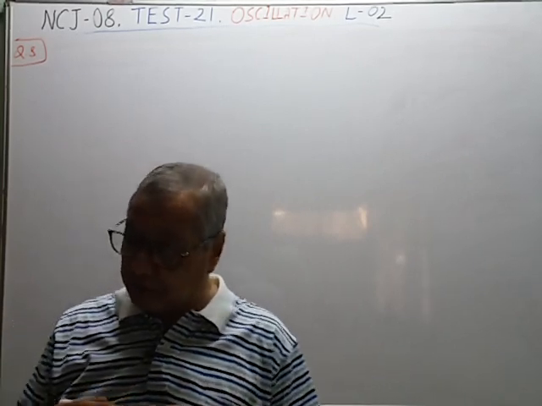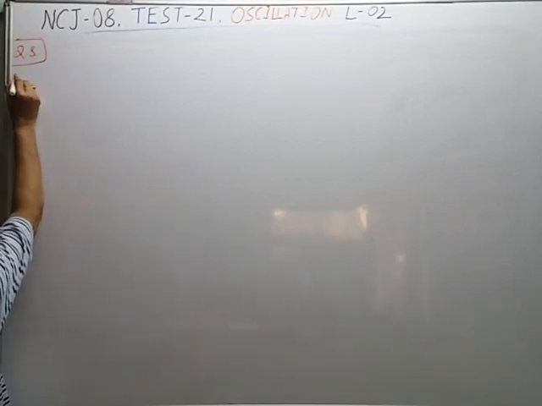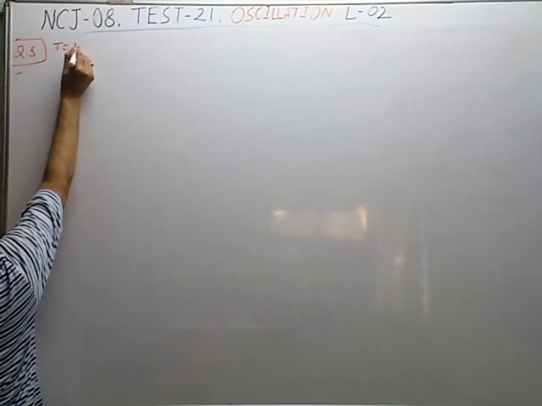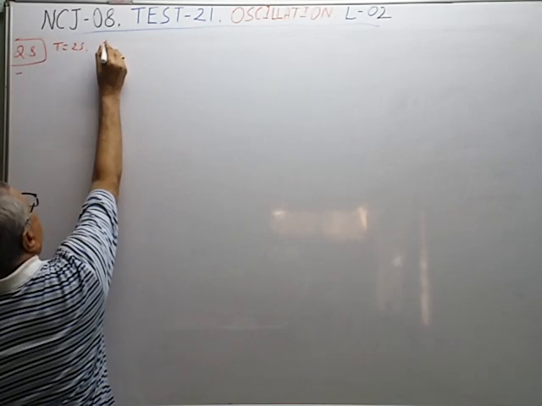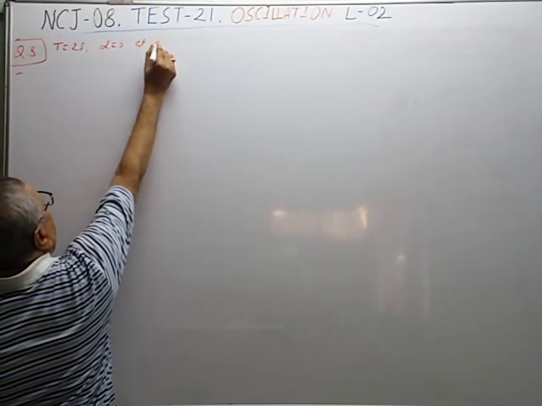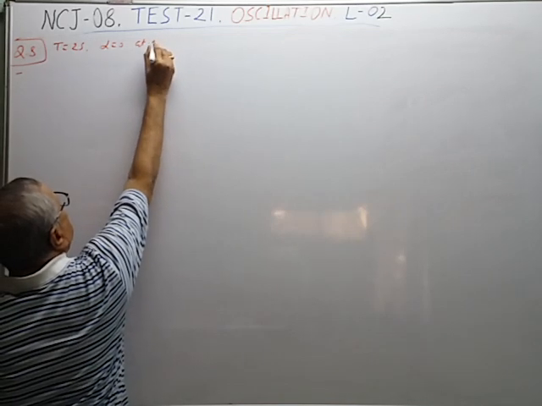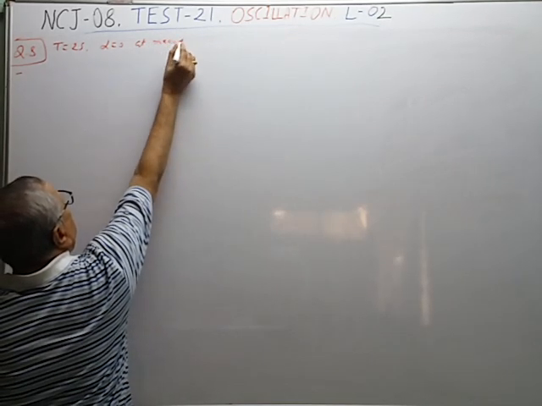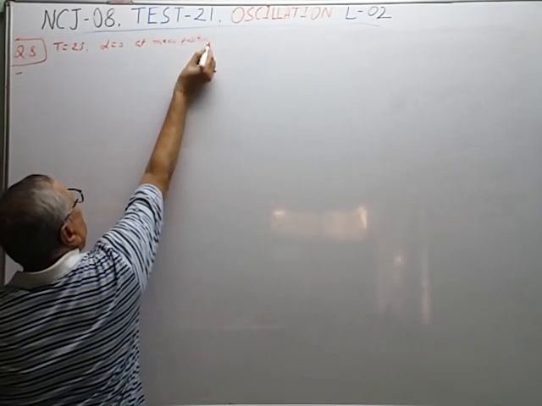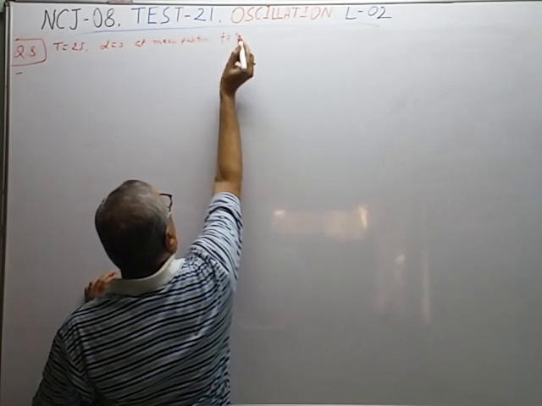So what is given? Period is given. Period T is equal to 2 seconds. Initial phase alpha is equal to 0, at origin, that is at mean position. Small t is equal to 0.